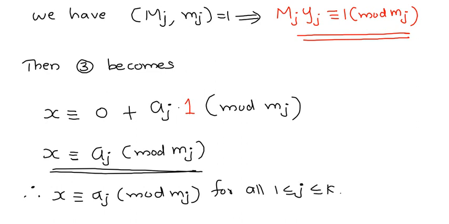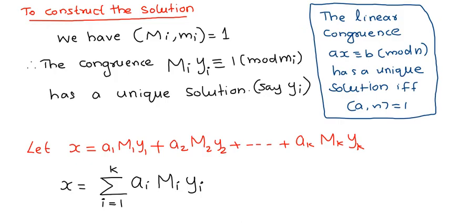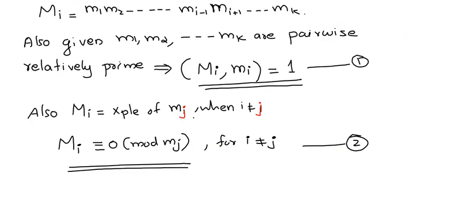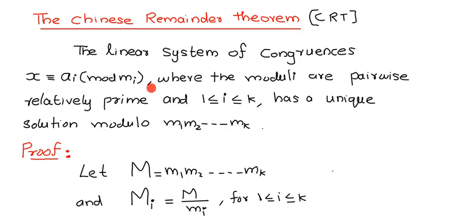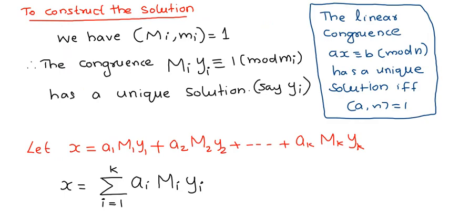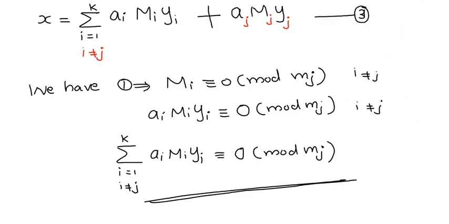That means this x, equal to a1 M1 y1 plus a2 M2 y2 plus etc plus ak Mk yk, satisfies all equations of this system of linear congruences, which implies this x is a solution of the given linear congruences.